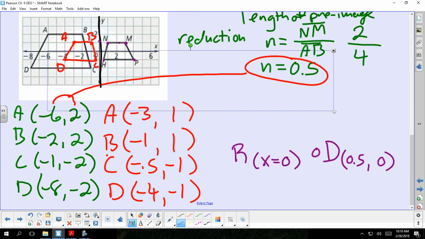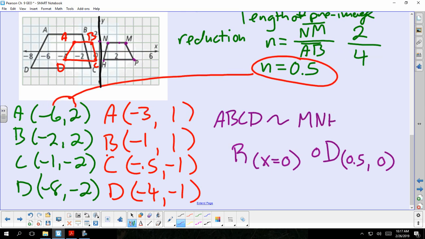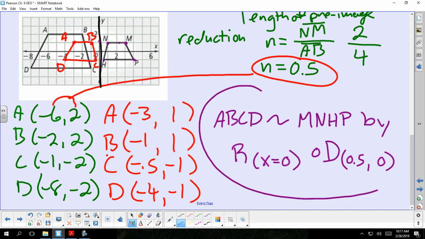So we can say that ABCD is similar to MNHP by the composition of a dilation and then reflection.